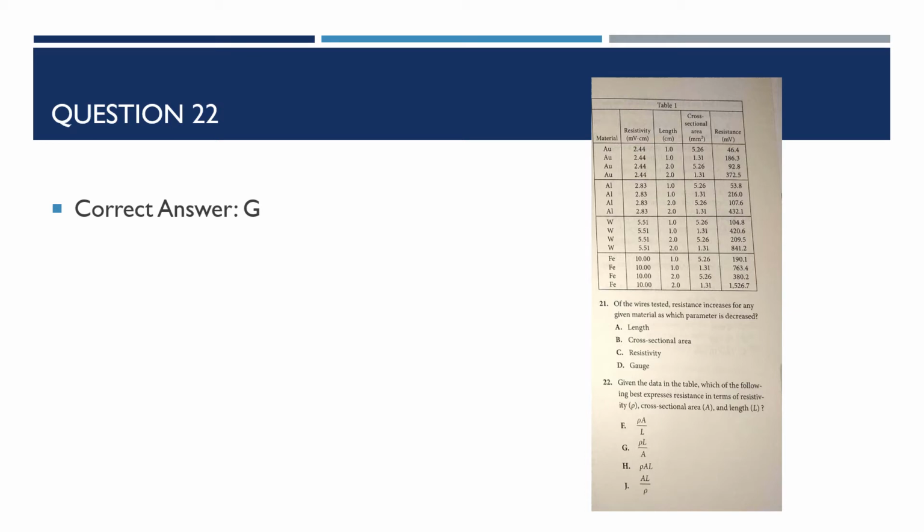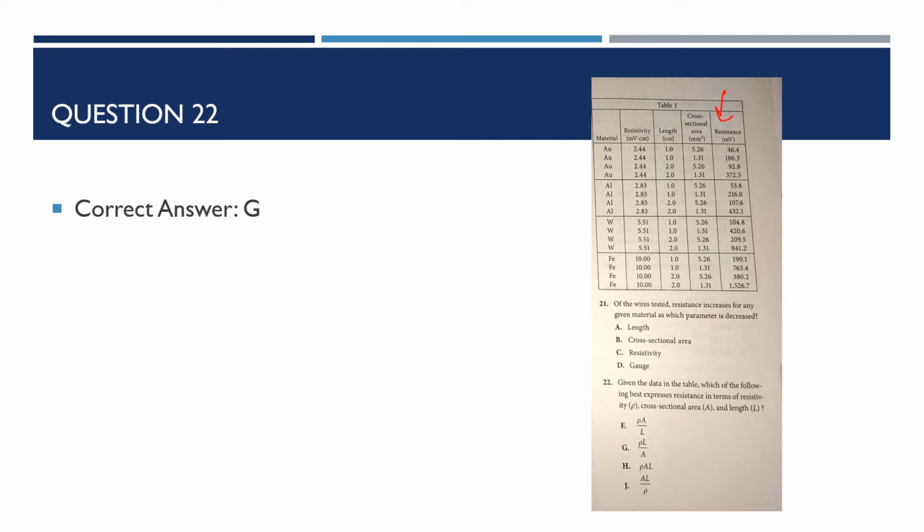All right? So we can look at the chart and figure out some relationships, but we need to know how to apply those relationships into an expression. Okay? So that might be easy for a student, it might not be. So we see from the table that resistance, okay, so that's over here.